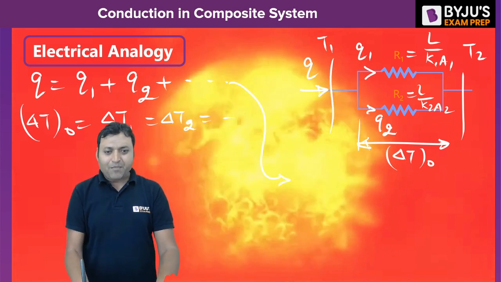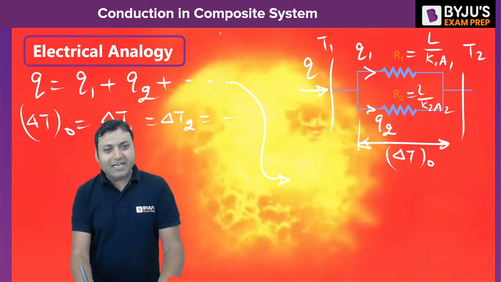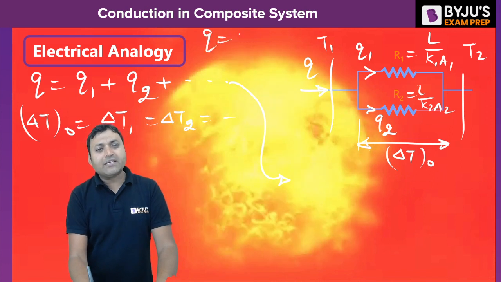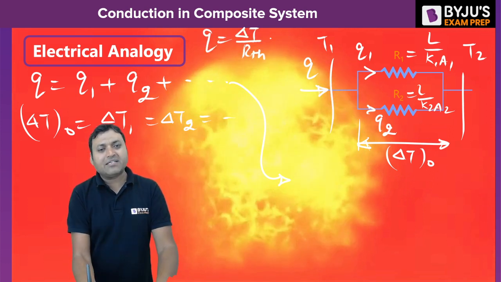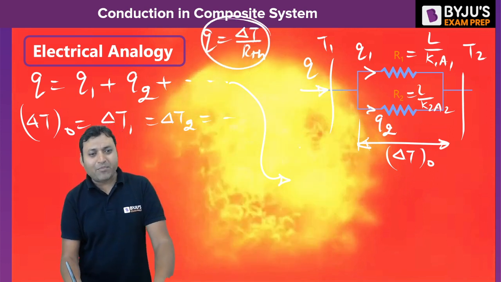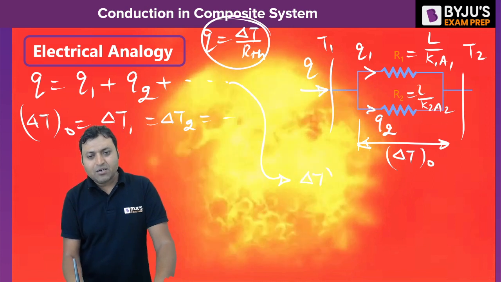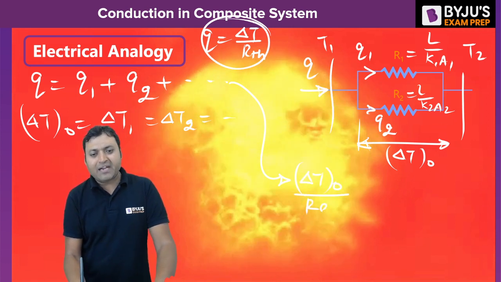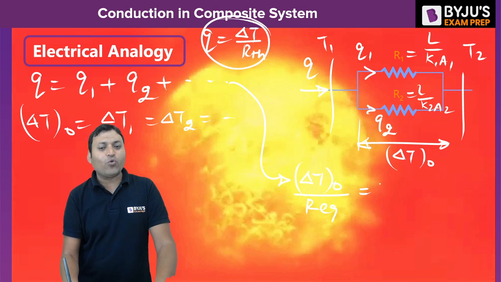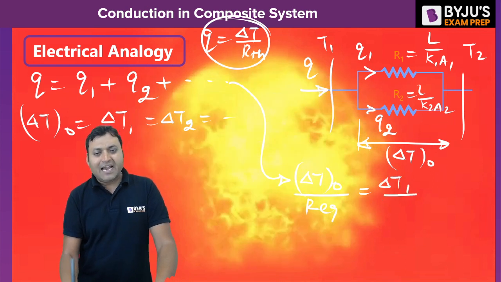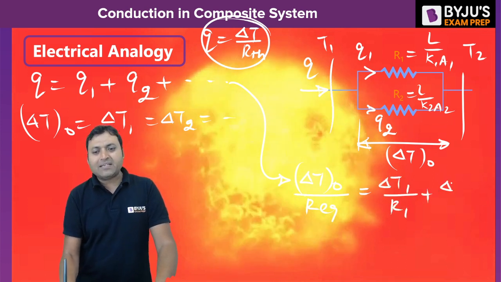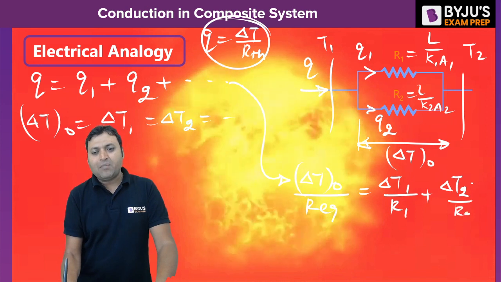Because we know Q is equal to delta T upon thermal resistance, Q can be written as delta T overall upon equivalent thermal resistance, which is equal to Q1, that is delta T1 upon R1, plus delta T2 upon R2 plus so on.